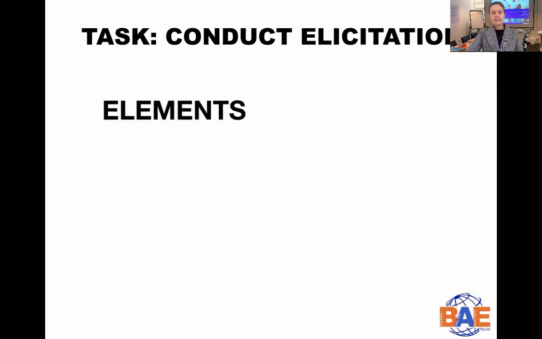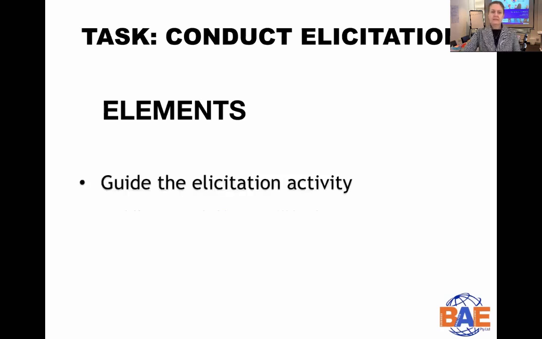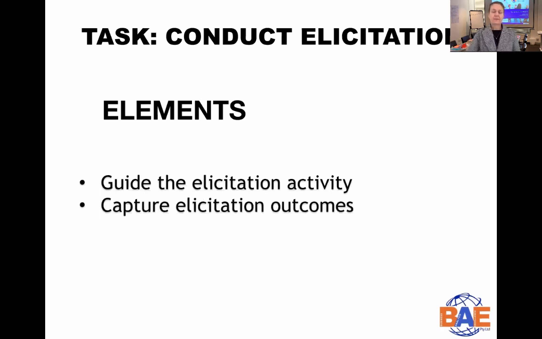All right, so let's now look at the elements that are part of conduct elicitation. So the elements firstly is to guide the elicitation activity, and the second element is to capture elicitation outcomes. So imagine now you're in the middle of a room. You are either doing elicitation collaboratively in a workshop or perhaps in a one-on-one setting.